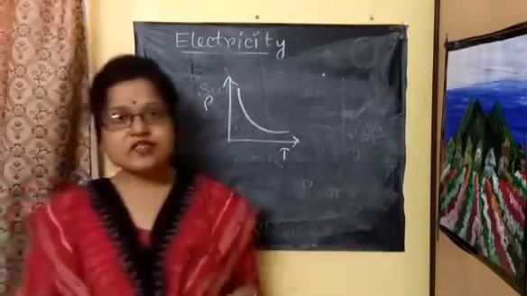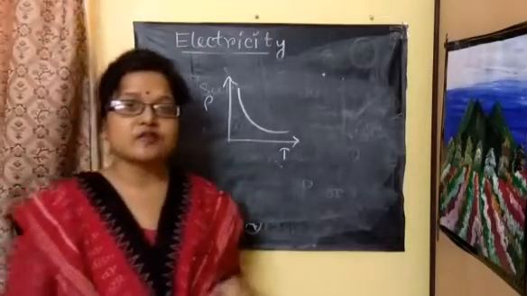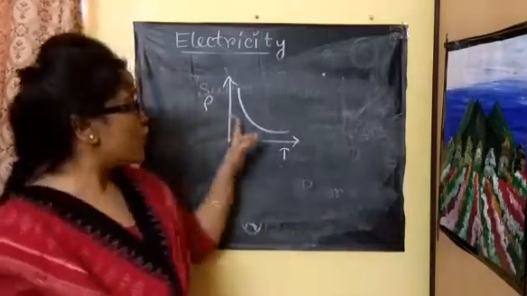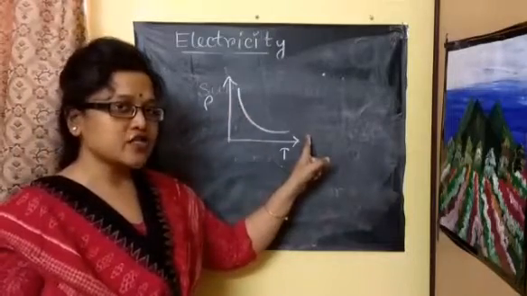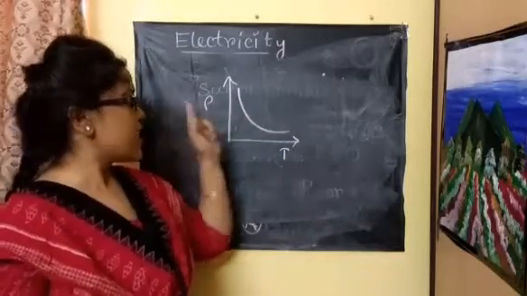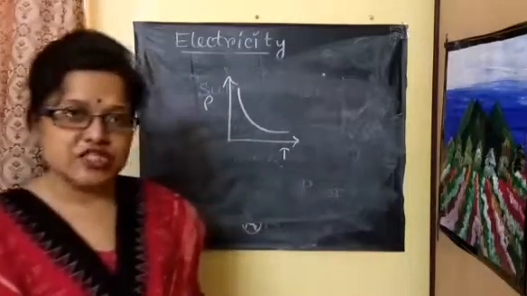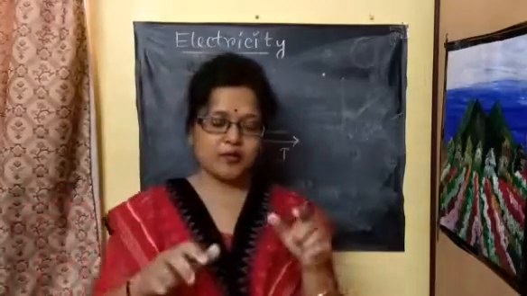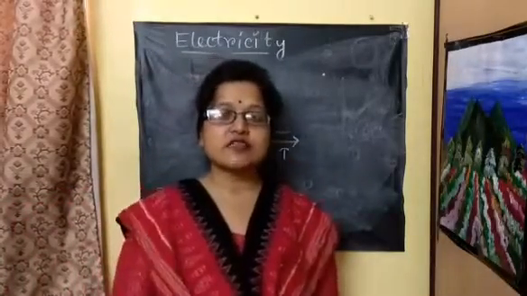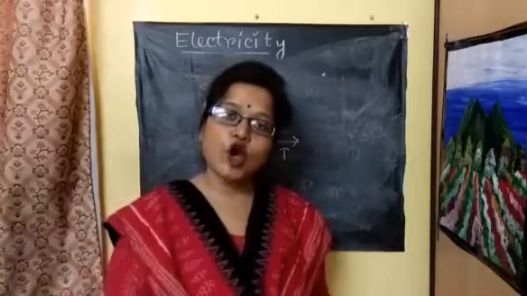Some substances like germanium and silicon follow this kind of non-linear relationship. Actually, if the temperature of the conductor is increasing, resistance also will go on increasing.